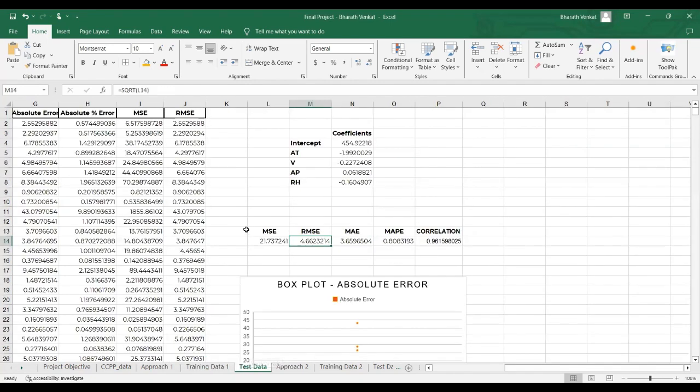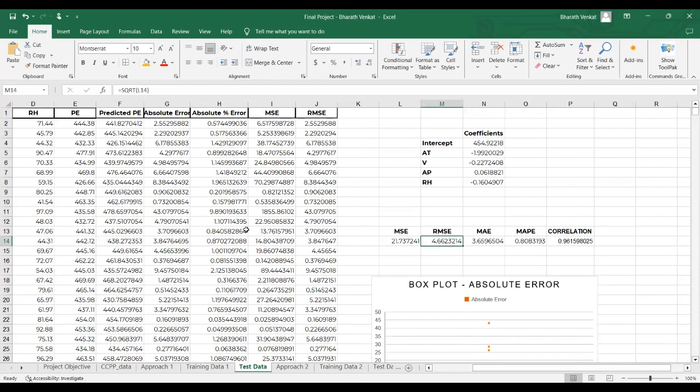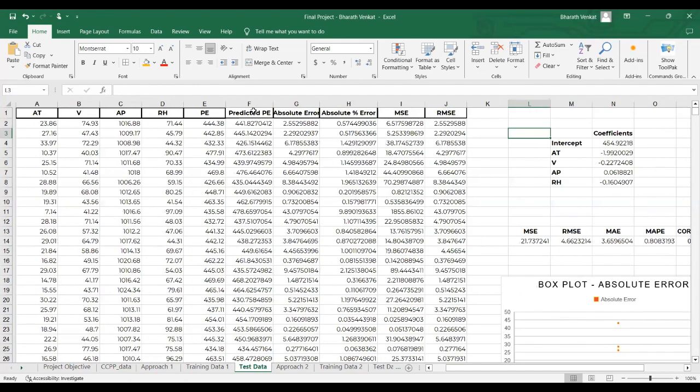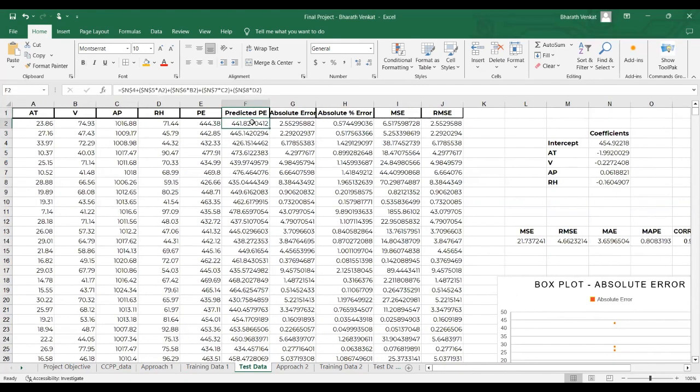Moving on to the test data. This is the 20% test data, and I have added additional columns which are the predicted PE values. The predicted PE values are obtained from the formula I talked about: the intercept plus the coefficients times the input variables, so y hat equals the intercept plus a1 x1 plus a2 x2 and so on.